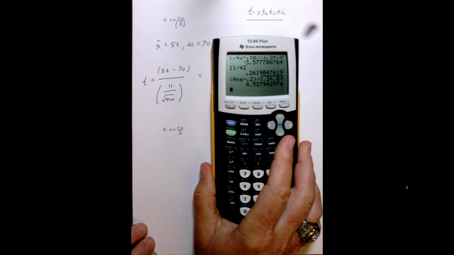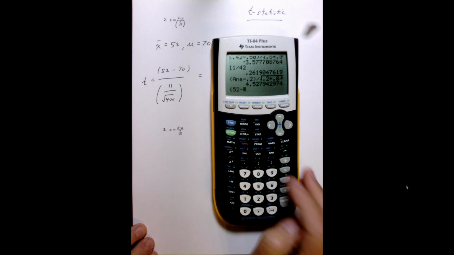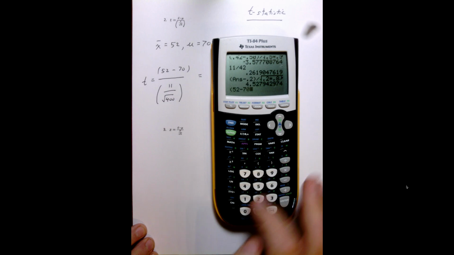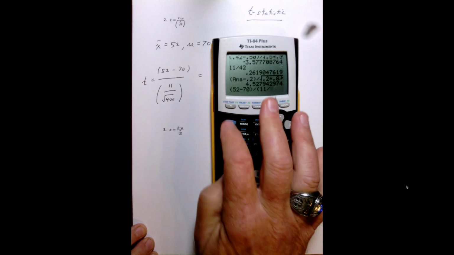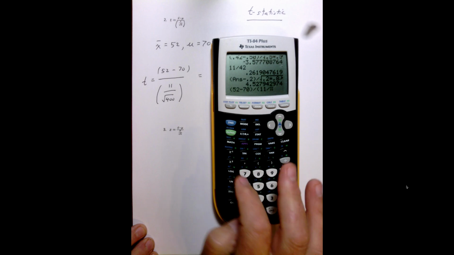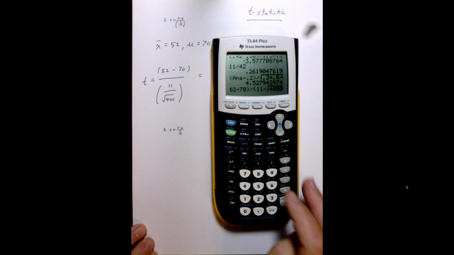So let's go 52 minus 70, divided by, again, let's go parentheses to be safe, 11 divided by the square root of 400.